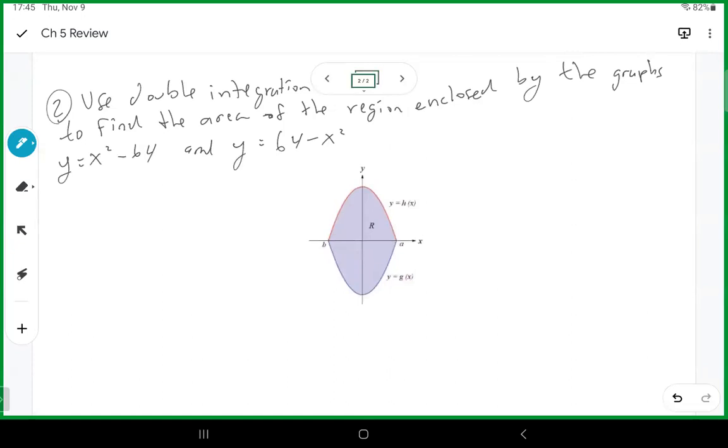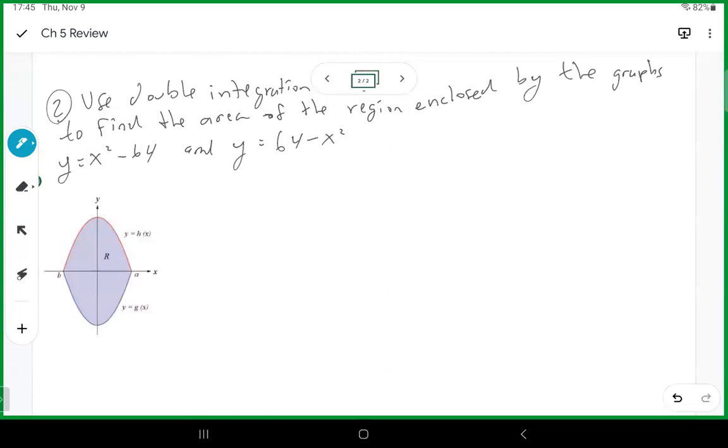All right, so if we say then that h of x and g of x, okay. All right, observe that the given region R is x simple.